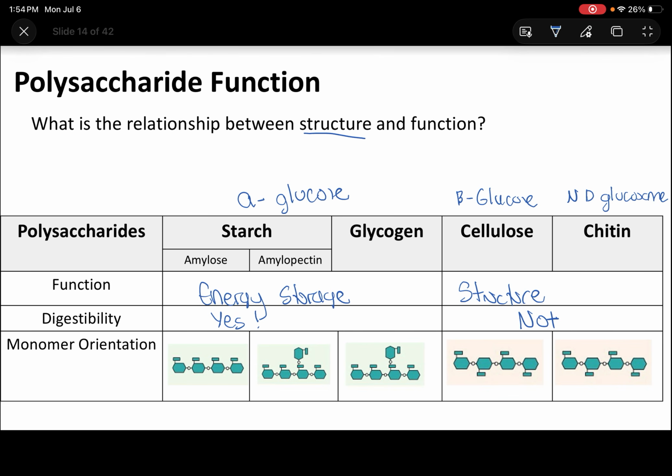So the structure is going to dictate the function. This is going to be a theme that we come back to a lot. What something looks like often tells us what the function of it is. On the other hand, cellulose and chitin, which are both linear and non-branched, provide a lot of structure to things, and our body isn't able to digest these because we don't have enzymes for them.